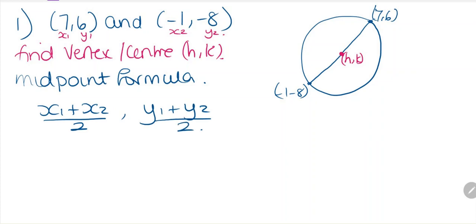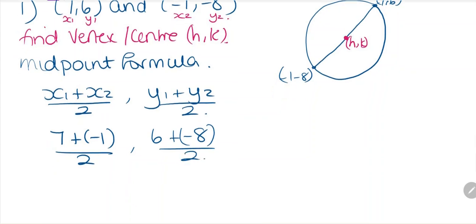So we have 7 plus minus 1 divided by 2, and 6 plus minus 8 divided by 2. 7 minus 1 is 6, divided by 2 is 3. So our h coordinate will be 3. And then 6 minus 8 is minus 2, divided by 2 is minus 1.